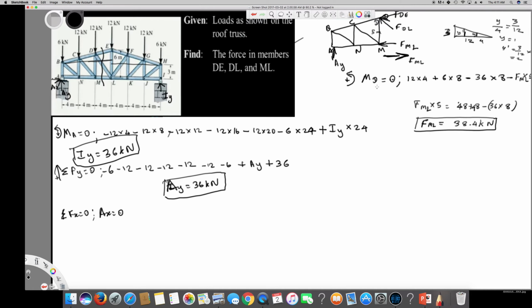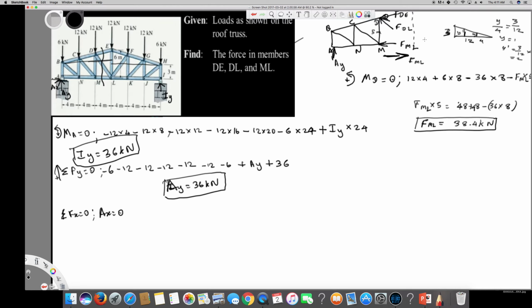Then we have to find FDL and FDE. How can we find them? Since we have two unknown variables here, and we have found FML, I can extend this line to find those things.